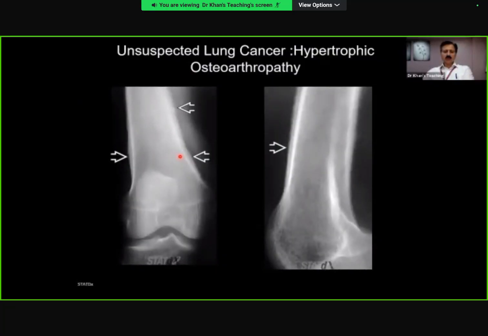This is a case from StatDX, where the patient presented with bilateral periosteal reaction next to the femur. The joint is normal. They did a CT chest and the patient had a lung tumor. So that's the key point to remember.